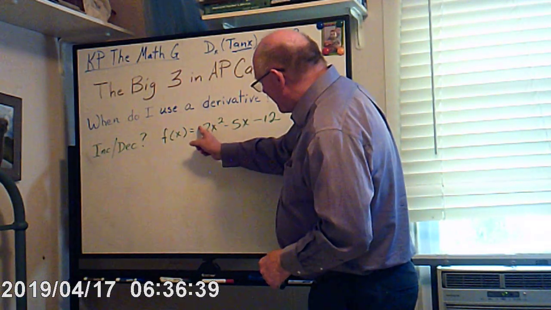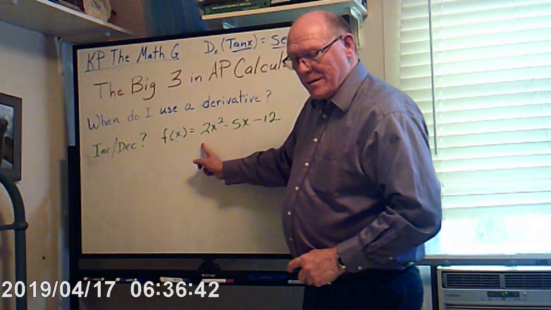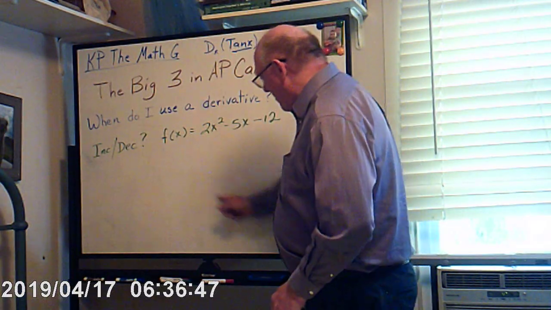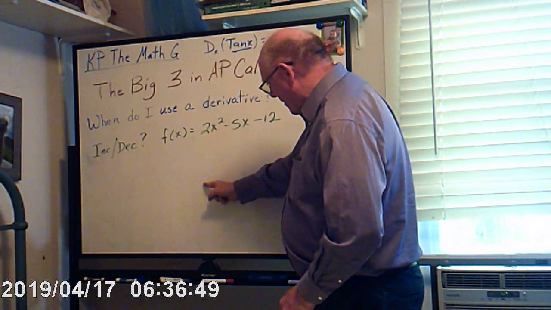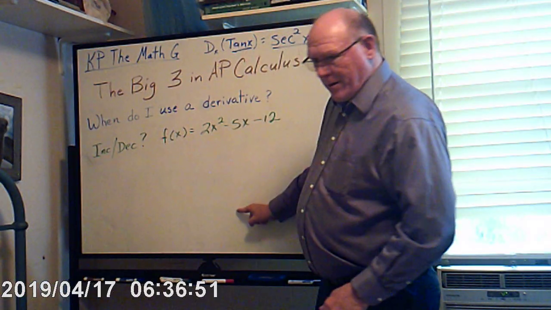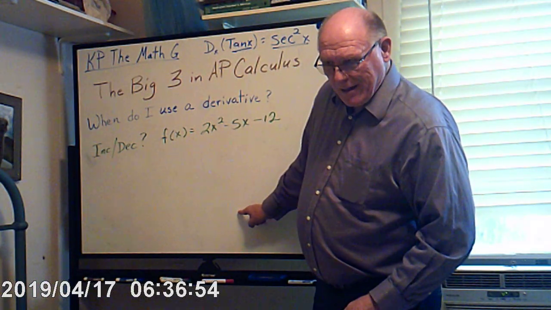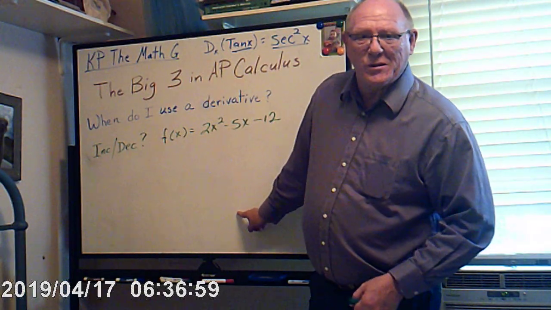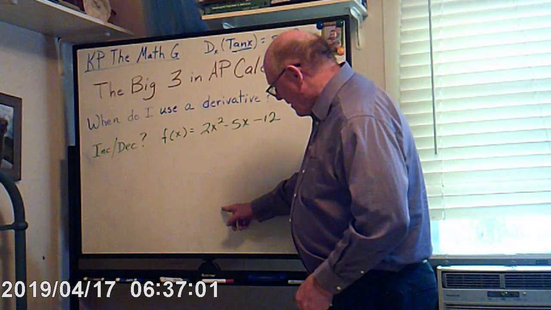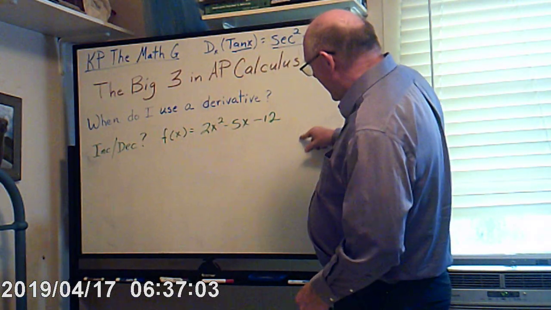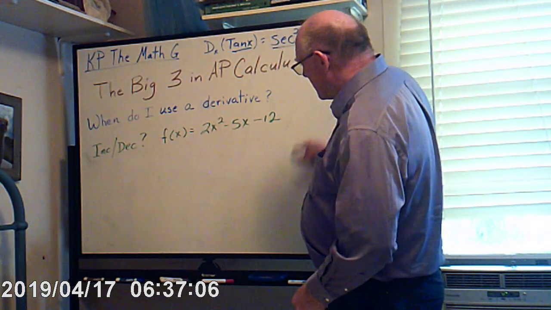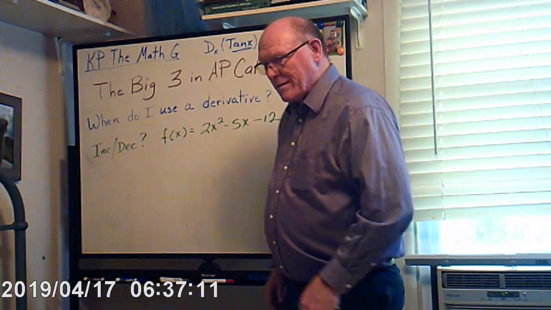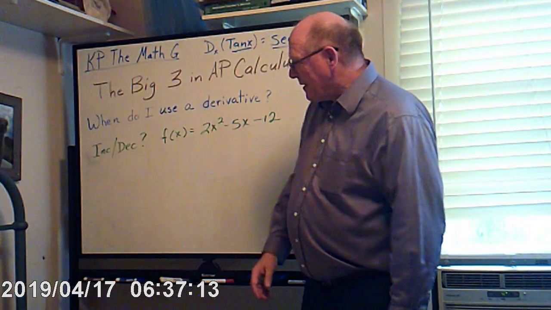The 2 in front of the x squared term, this coefficient, is positive. It starts out decreasing, gets to a vertex, and we're going to get into this later, that's where the slope is 0. But then it starts increasing. So it's decreasing to the left of some number, say x equals 2. We'll look at that.